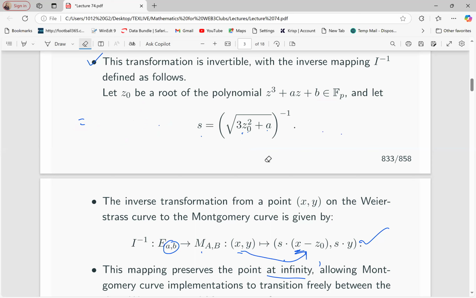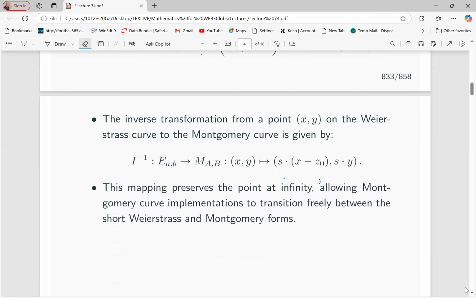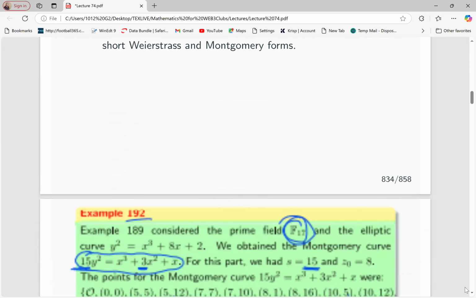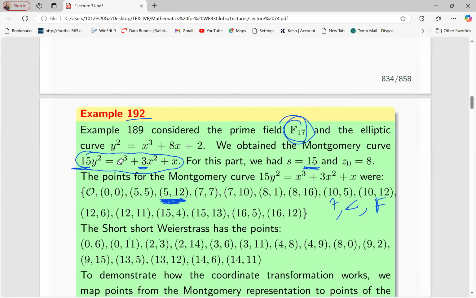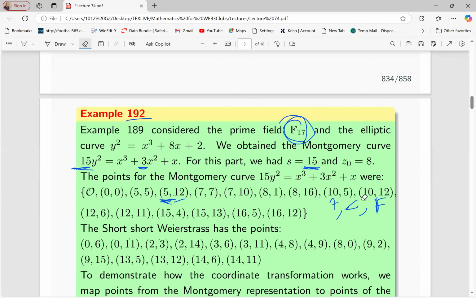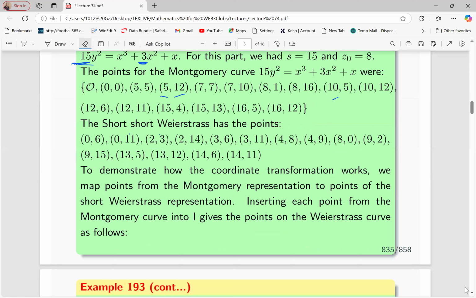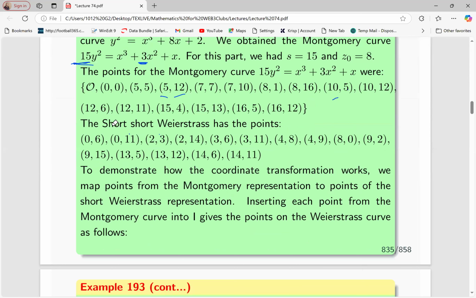So I just want to go through one example of how to calculate this. Then we go straight to the code, give it those formulas, and the code does it for us. This is the example I wanted to look at. We already have these points, and we just want to see how we convert a point on the Montgomery to a point on the short Weierstrass.